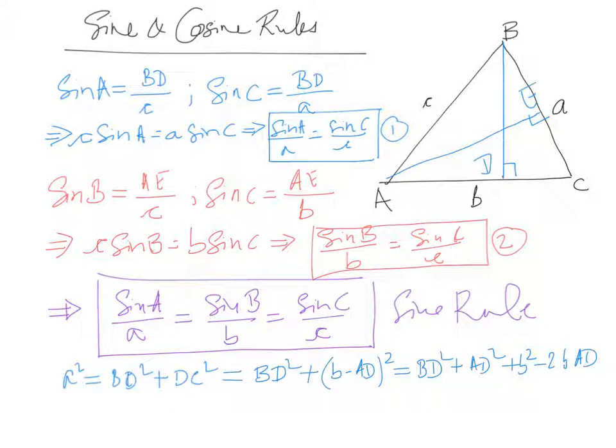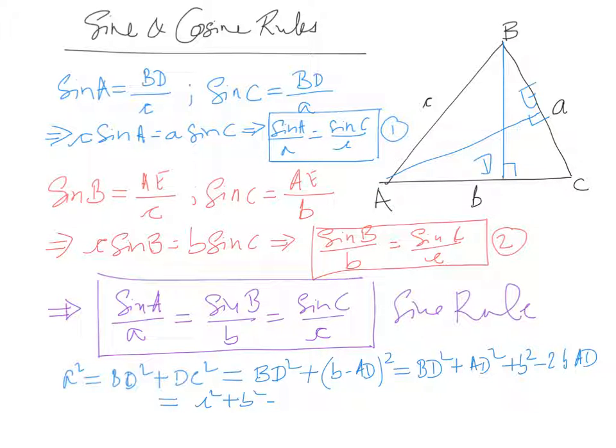And we can see that in right triangle ADB, BD squared plus AD squared equals AB squared, which is small c squared. So let us write that BD squared plus AD squared becomes small c squared, plus we have b squared minus 2b times AD.